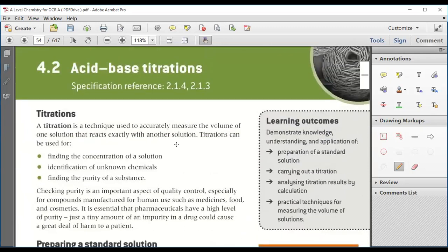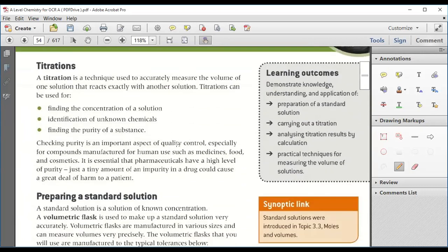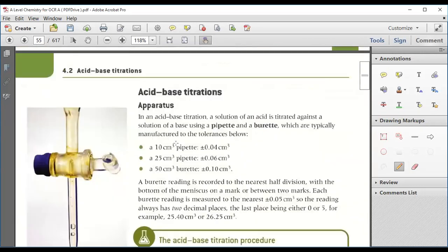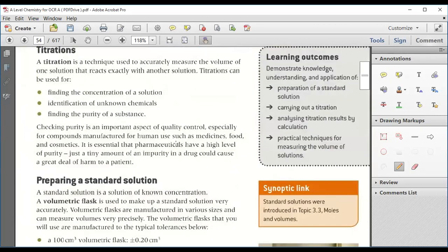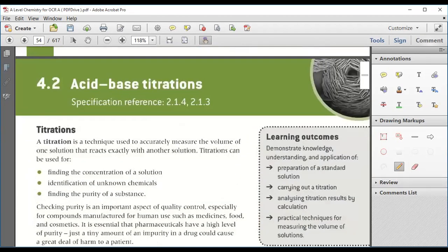In our next class, tomorrow, we will do this 4.2 acid-base titration part and finish it. If you do this topic in school tomorrow, then we can do something else. You can ask your teacher whether 4.2 is there for evaluation in your exam or not. If it is, then we will do this; otherwise, we will do something else.